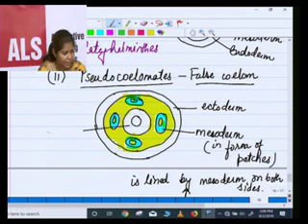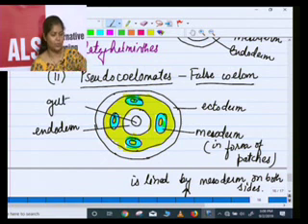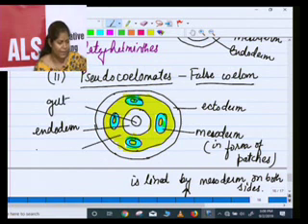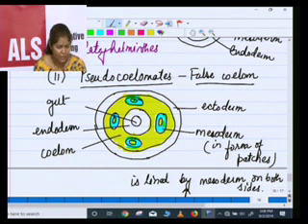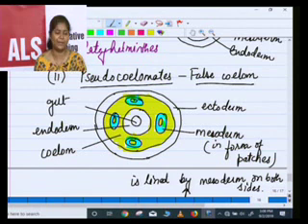This is the endoderm and this is gut. So you have this particular kind of orientation in a pseudocoelomate animal.